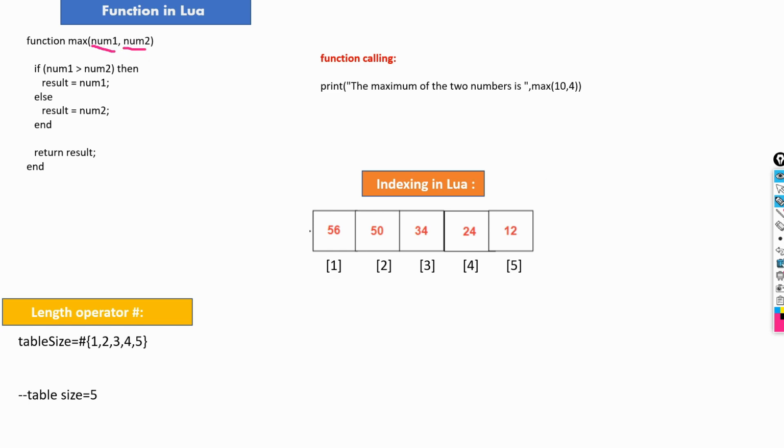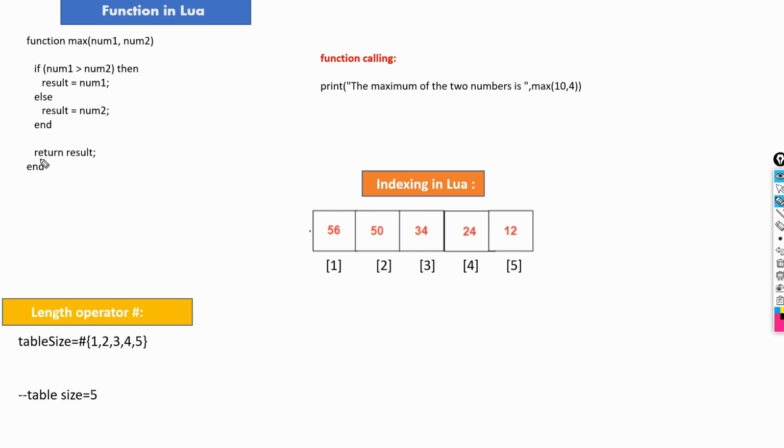There are no parameter data types like we have in C++. And this is the keyword that you need to use in Lua: function is the keyword. Remember this. Then in the function, the rest of everything inside, you can understand.